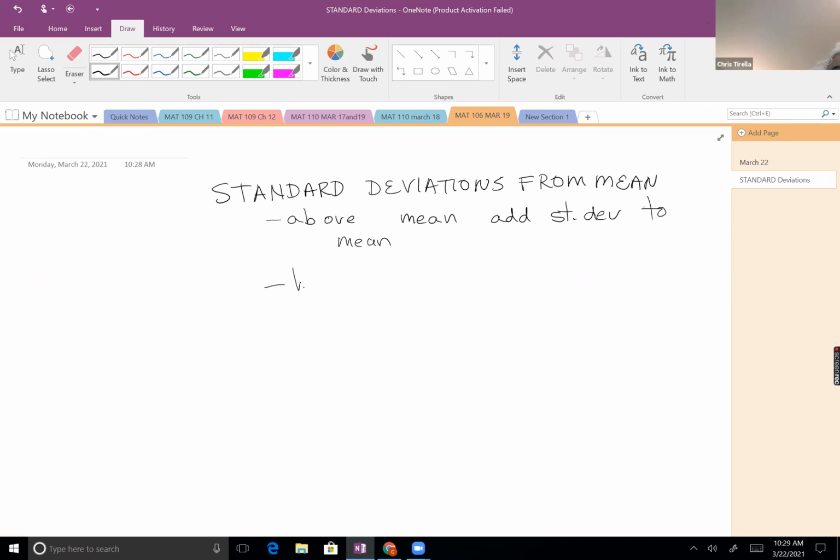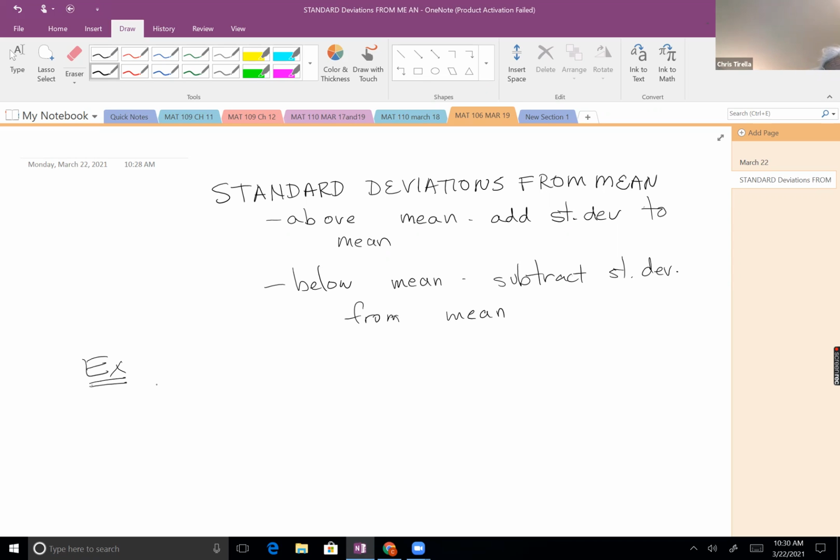If I'm looking below the mean, I subtract the standard deviations from the mean. And so I'm going to take an example and beat it to death for a while. We'll be recycling this example for most of the rest of class.